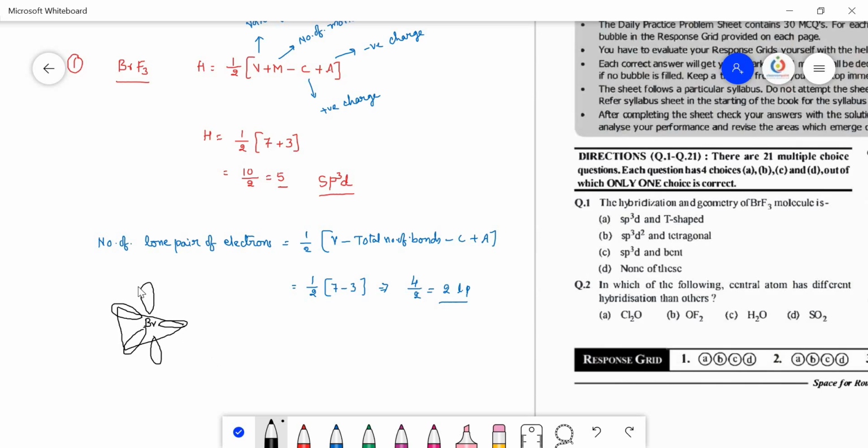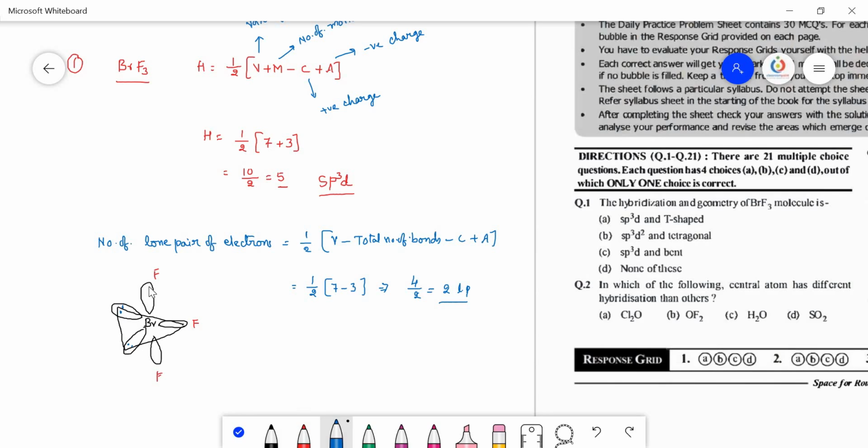So this is a trigonal bipyramidal. In this, these 2 positions are occupied by fluorines. Here 1 fluorine comes, here 1 fluorine comes, because these will be almost 180 degrees apart from each other. And here 1 fluorine comes, and the lone pairs of electrons occupy these positions.